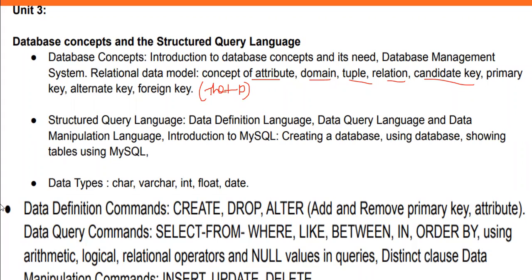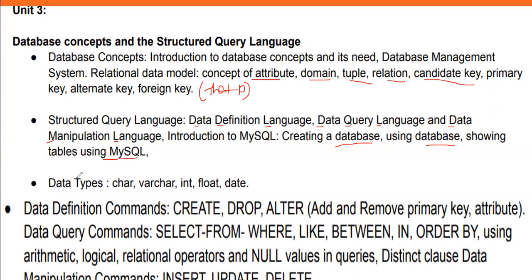Then SQL, that is Structured Query Language. Under that, we have data definition language, that is called DDL. Then data query language. Then DML, data manipulation language. Then the introduction to MySQL: creating a database and using a database, showing tables using MySQL.